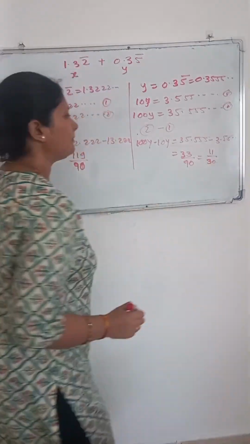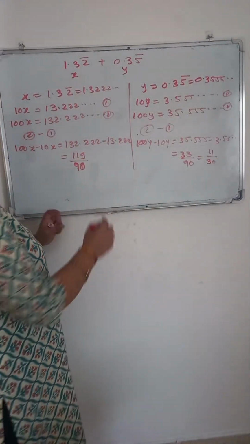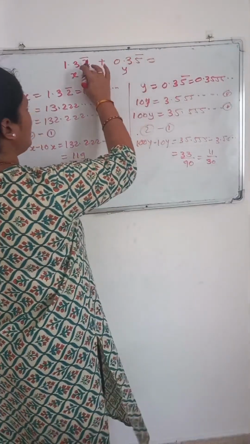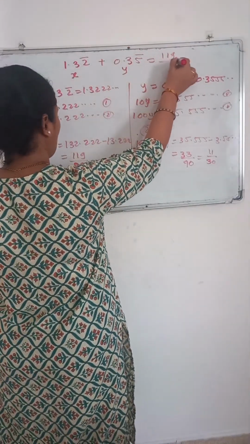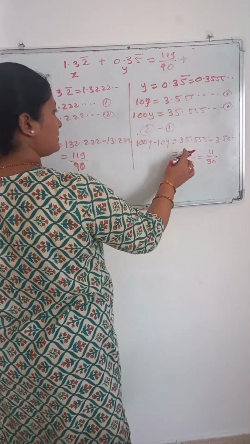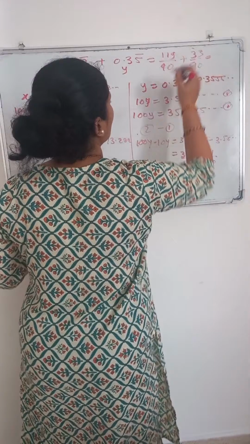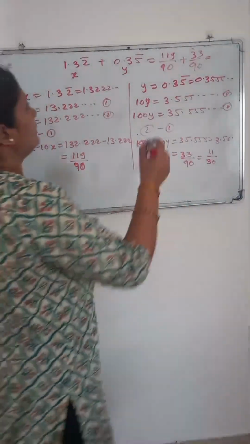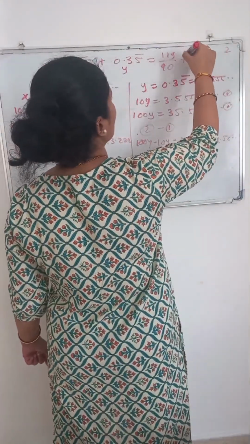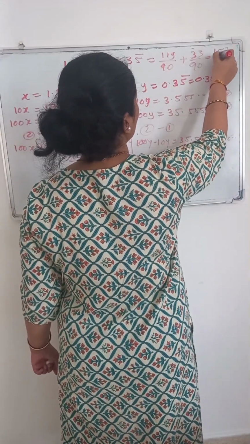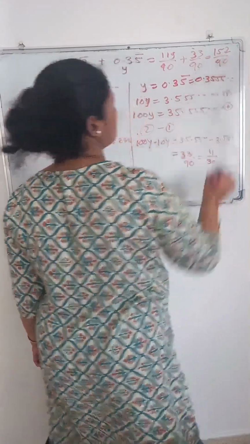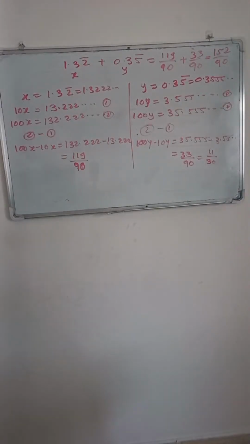Okay, but if you keep it as it is, then that would be better, because 1.32 bar is 119 upon 90 and this is 33 by 90. Okay, so now adding, we get 152 by 90. This is the answer.